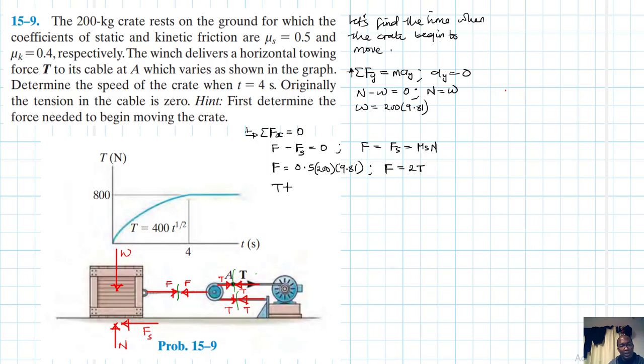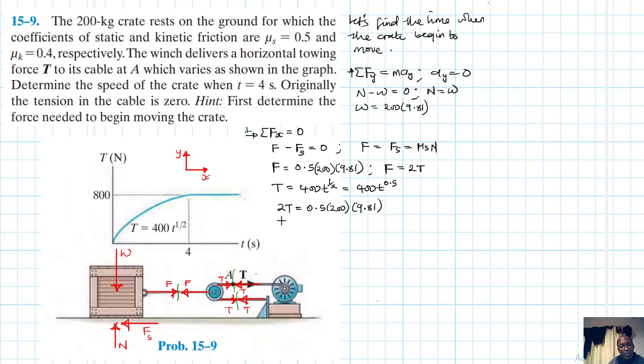And we know that T from the graph is just equal to 400 t to the power half, which we can write as 400 t^0.5. So we can simply say 2T is equal to 0.5 times 200 times 9.81.